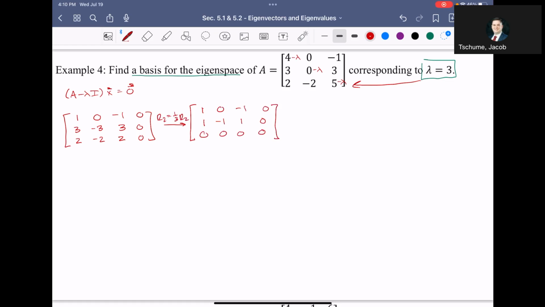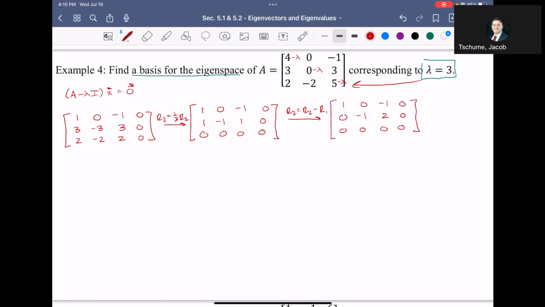Now I need to get rid of that second 1 in the first column. So I'm going to take row 2 and subtract the row right above it. That will give me 0, negative 1, 1 minus a negative 1 is 2, 0, and then 0, 0, 0, 0. So we're almost in reduced echelon form.